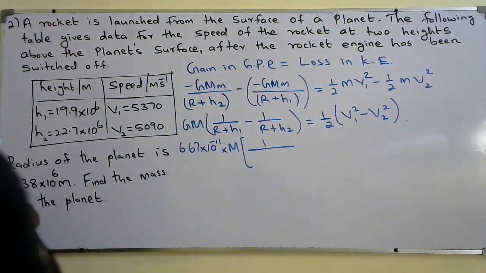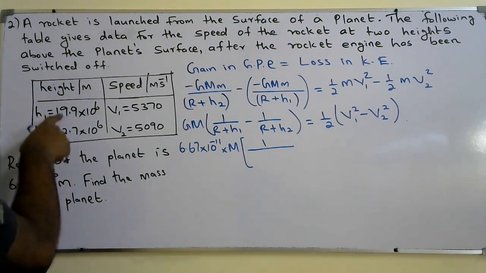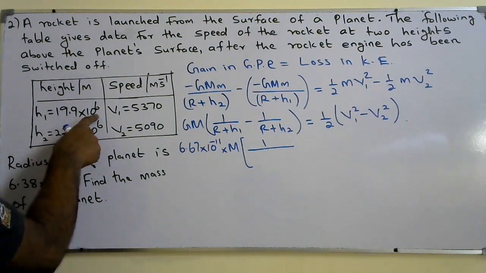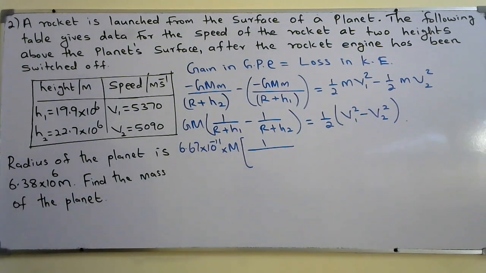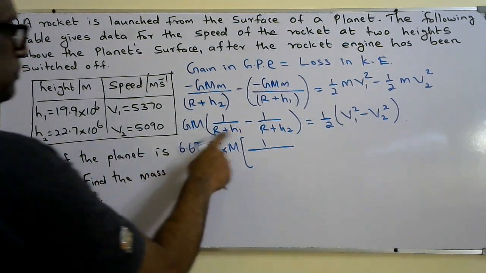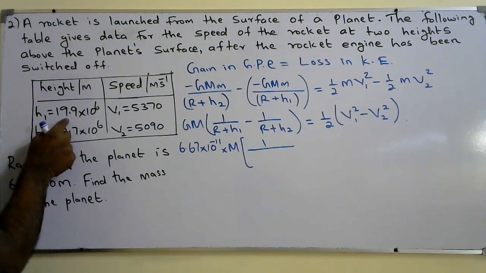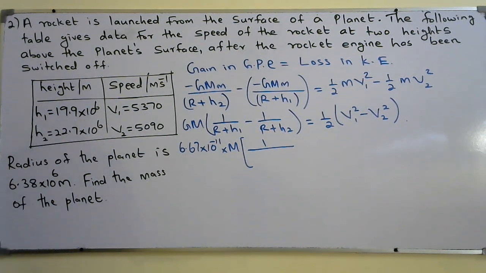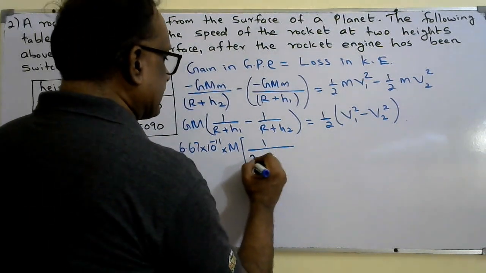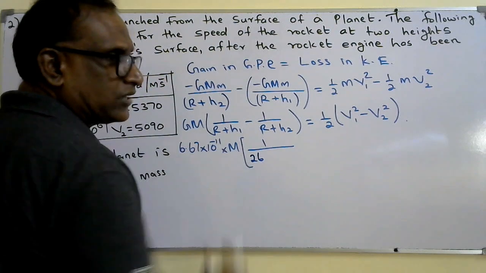So we'll add it and put it. That is easy. R plus H1 is 6.38 into 10 to the power 6 plus 19.9 into 10 to the power 6. If you add both, we will get 26.28. So that's easy rather than writing too many numbers here.